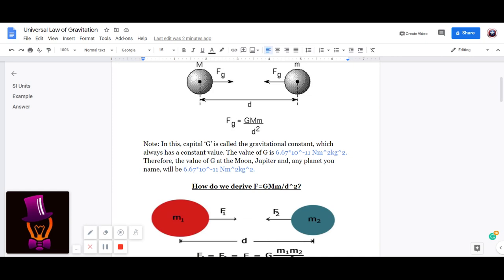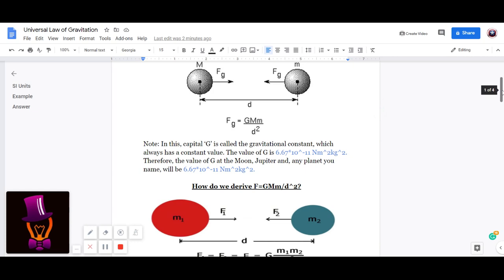The value of G is 6.67 into 10 to the power minus 11 nm square kg square. Therefore, the value of G at the Moon, Jupiter and any planet you name will be the same, which is 6.67 into 10 to the power minus 11 nm square kg square.